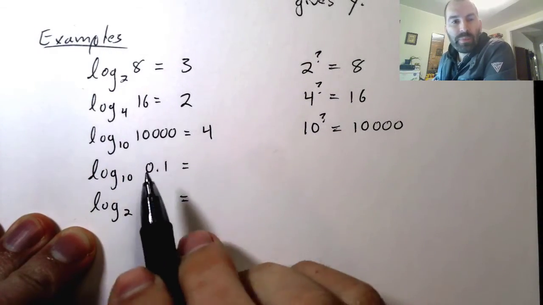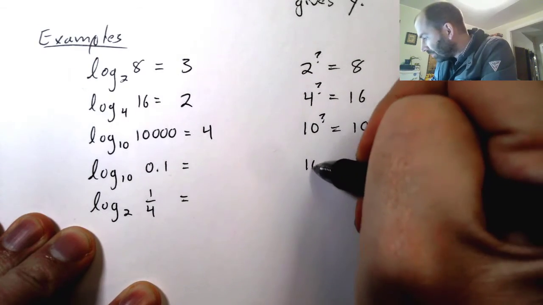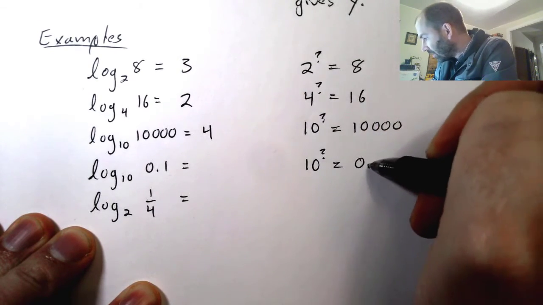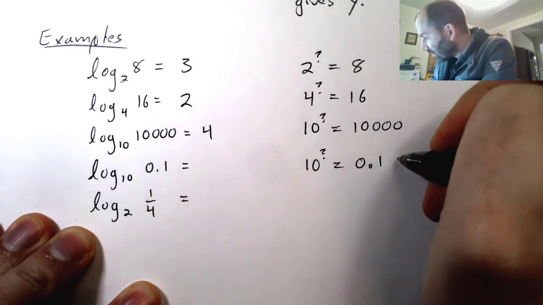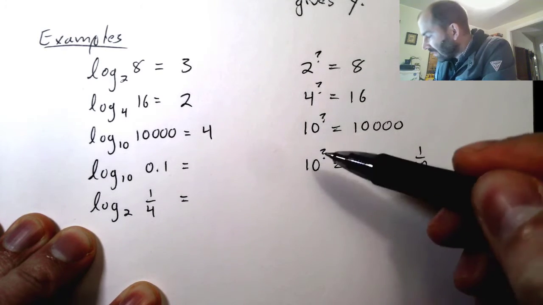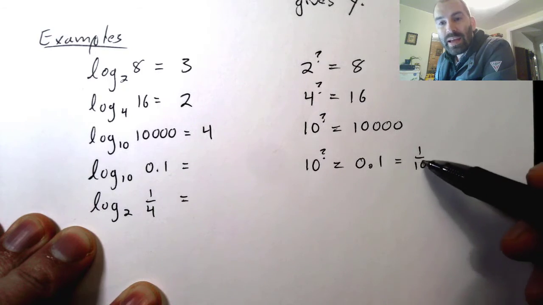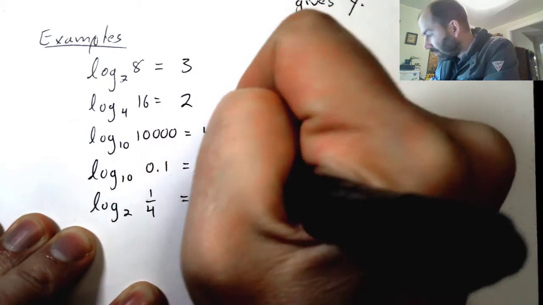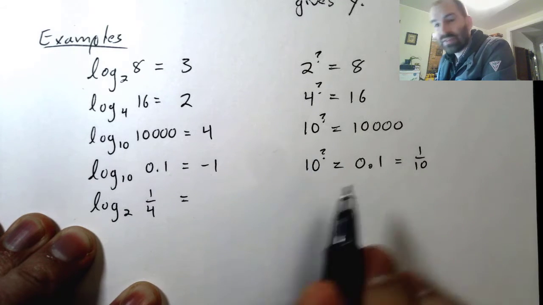Let's do some more here. Okay. Well, log base 10 of 0.1. So what's the exponent on 10 that's going to give me 0.1? Well, what's 0.1? That's 1/10. What sends 10 to the denominator? A negative exponent. And it didn't change, so it must be a -1. 10 to the -1 is 0.1.